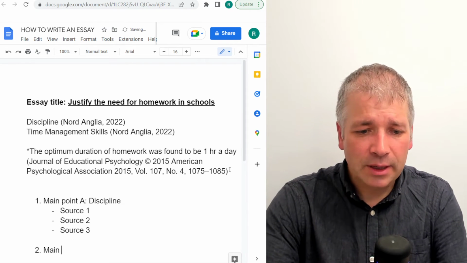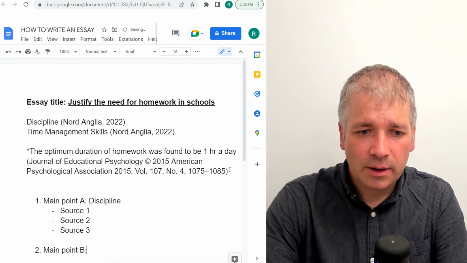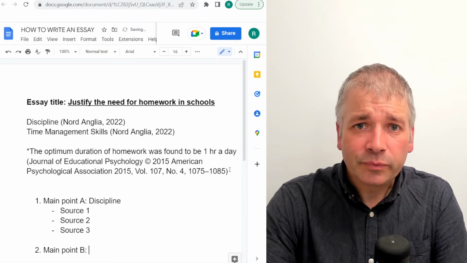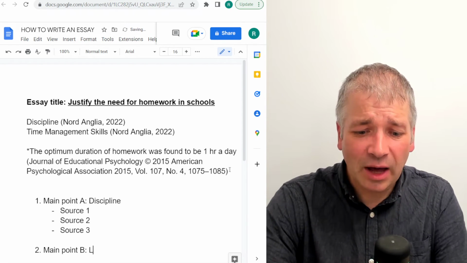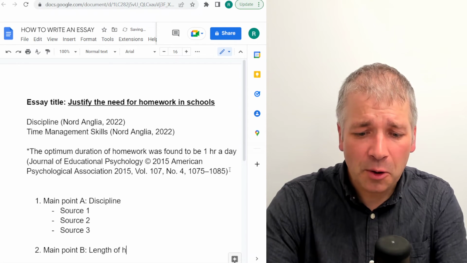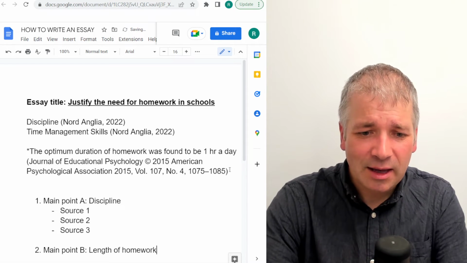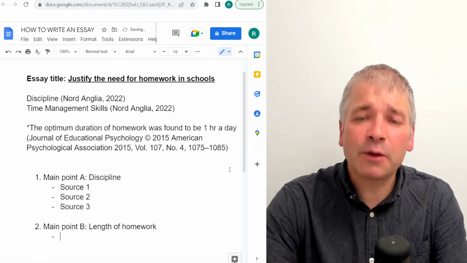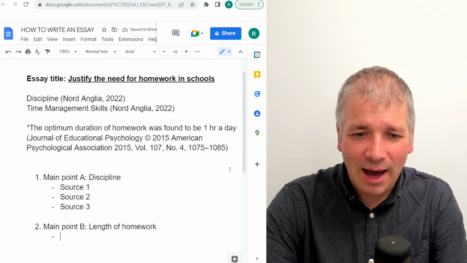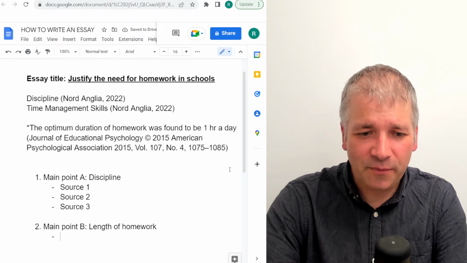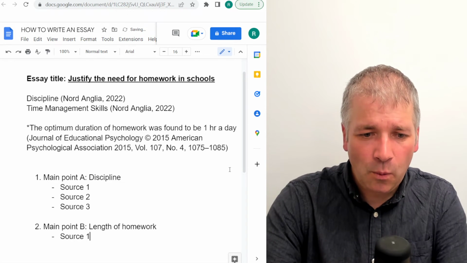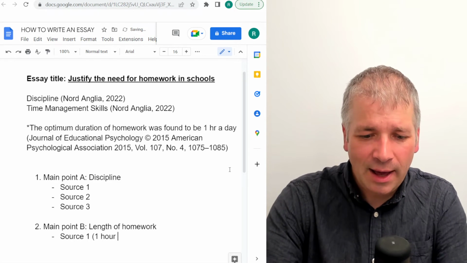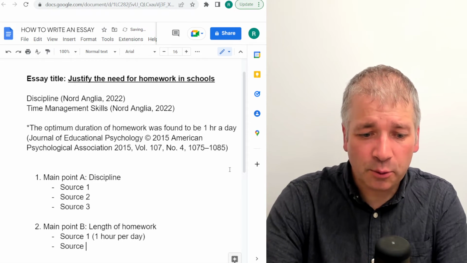And then main point B, well, let's imagine that length of homework is another main point, that what people found was a certain length of homework was optimal. And let's go with this source 1, which was 1 hour per day. And then we'll have supporting sources, or sources that say something slightly different.